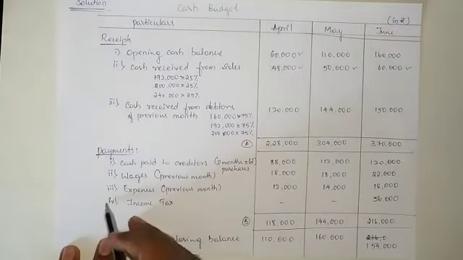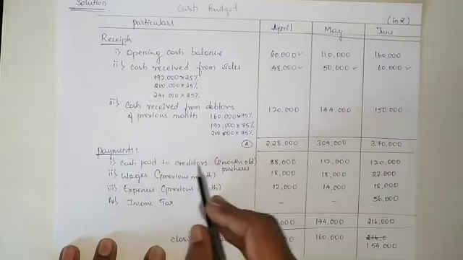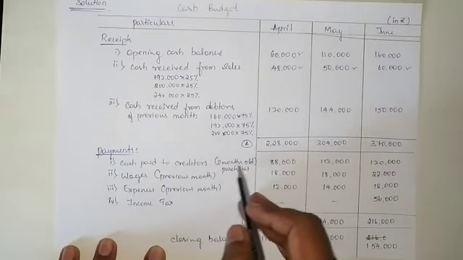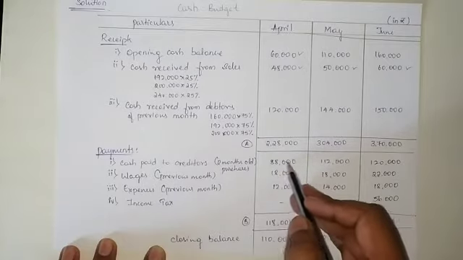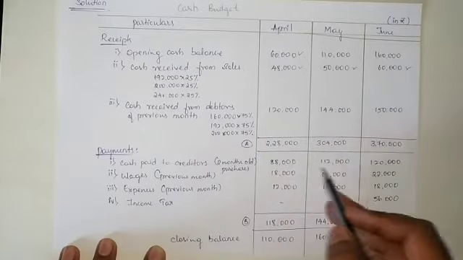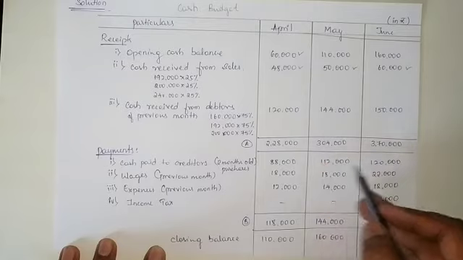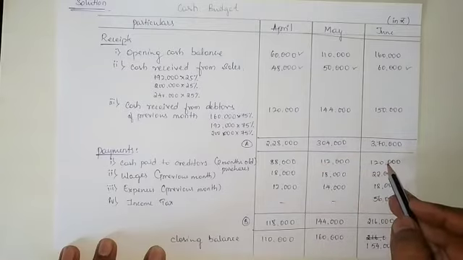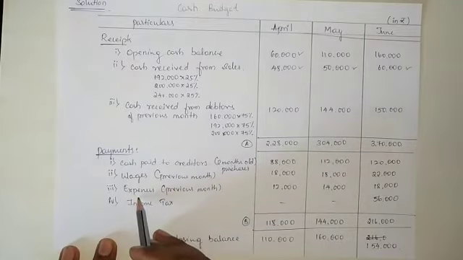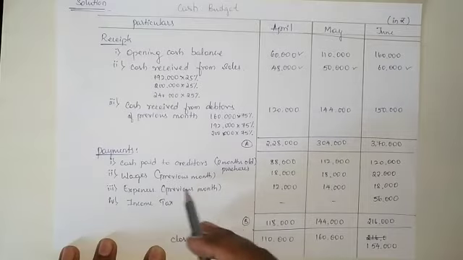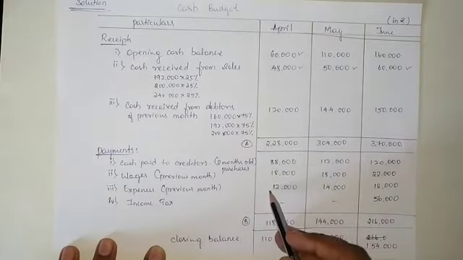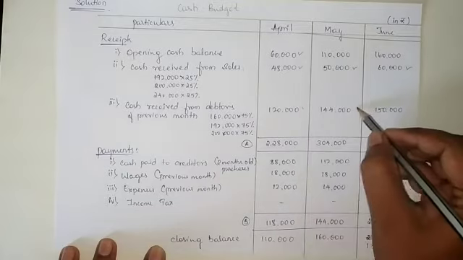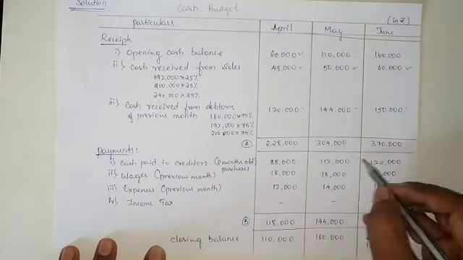Then payments. On the payment side, cash payment to creditors is for 2-month old purchases. In April, the purchase related to February is recorded here. This is related to March, and this is related to April. Wages and expenses are related to the previous month: 18,000, 12,000, 18,000.